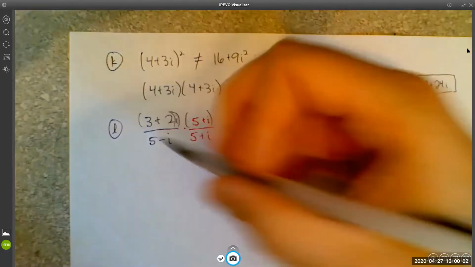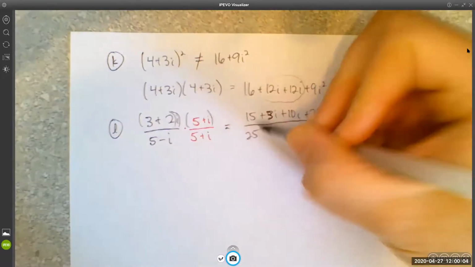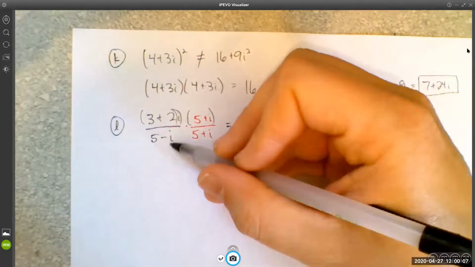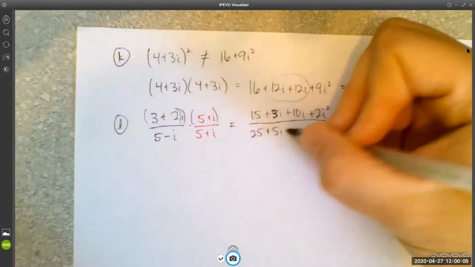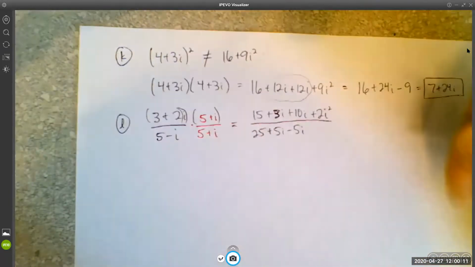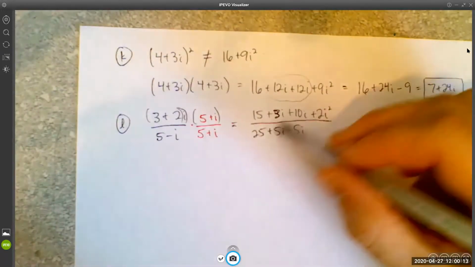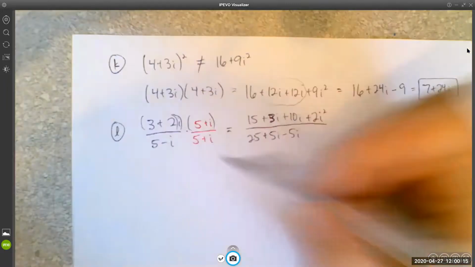And in the denominator, we get 25 plus 5i minus 5i. So you can see that you're going to get that cancellation. In fact, most of the time, I don't even write those middle terms. And then we'll say minus i squared.